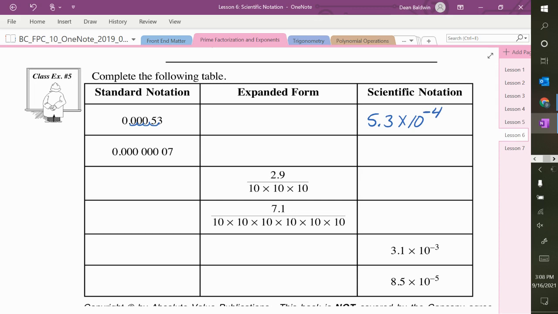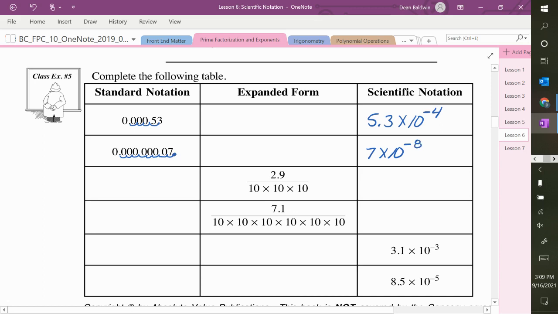So what's the next one? Times 10 to the what? You know it's going to be negative. -7? 1, 2, 3, 4, 5, 6, 7, 8.